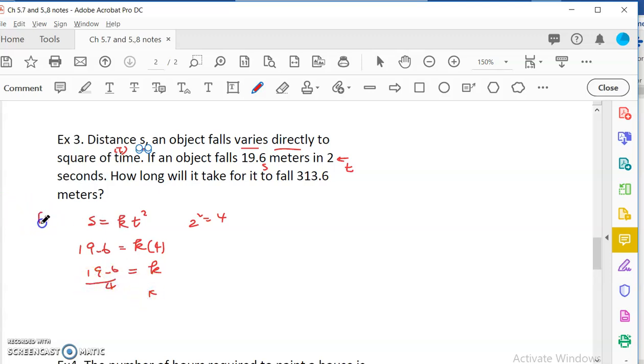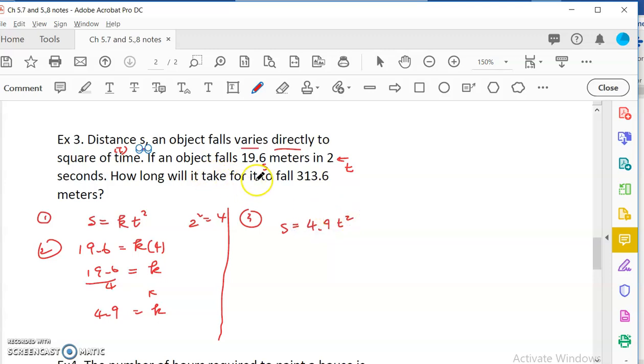So we still do step 1, 2. Step 2 is always solving for k. 19.6 divided by 4 is 4.9. I think this is a known gravitational constant. And then step 3 would be, we can actually have the formula s equals 4.9 t squared.